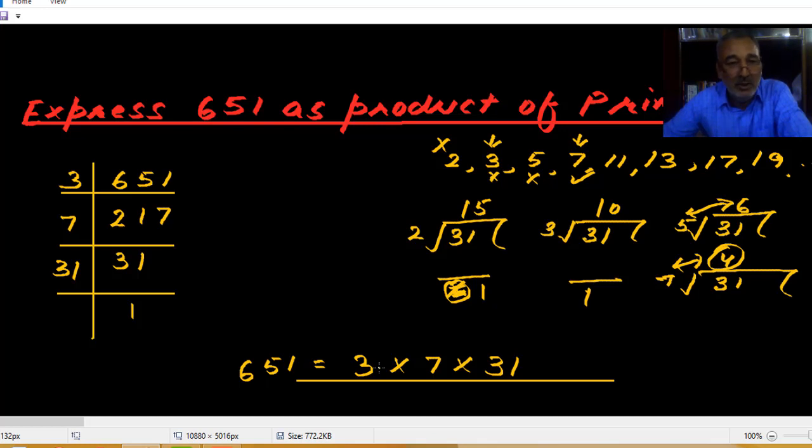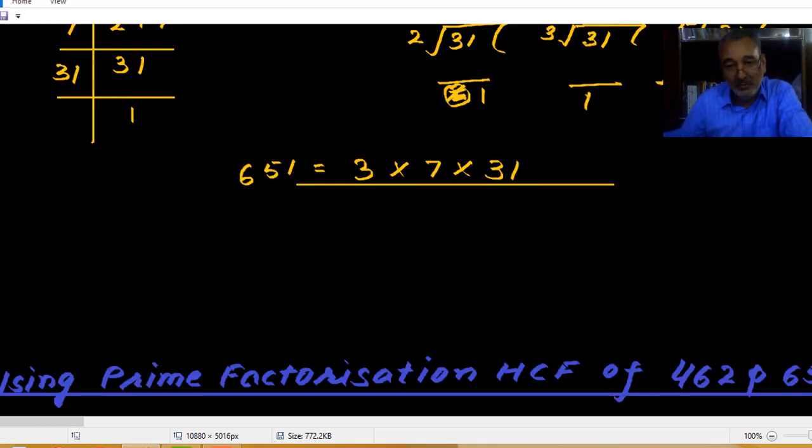You have to express 5 to 10 numbers as a product of primes. Only then can you successfully do it. This is not a difficult process. It needs practice only. So I think you will do it.